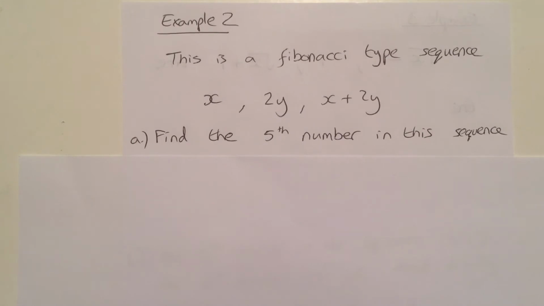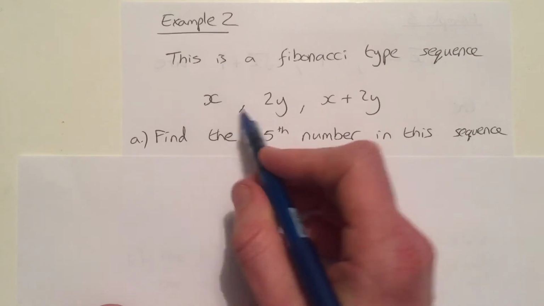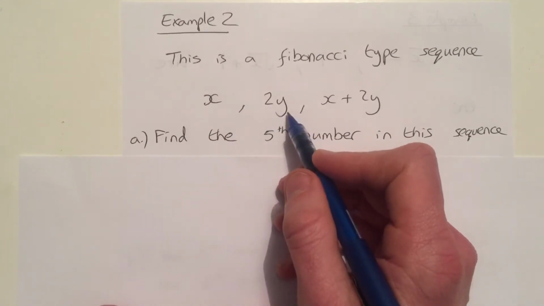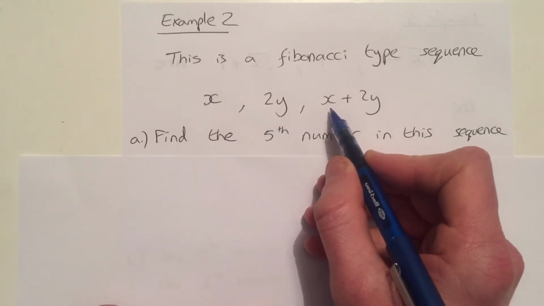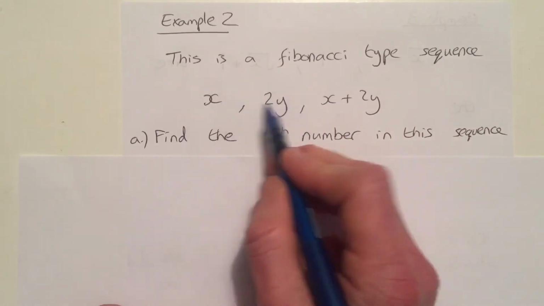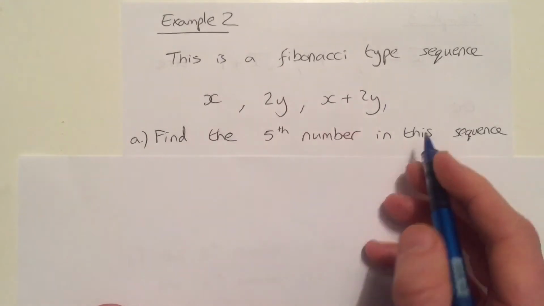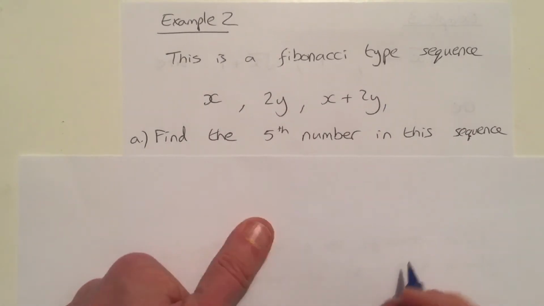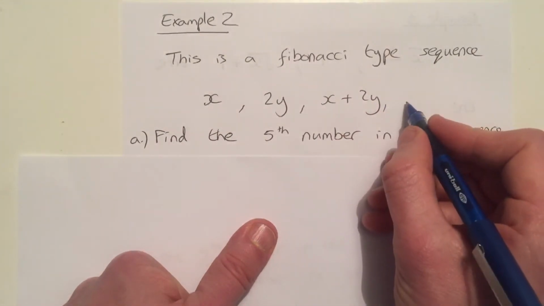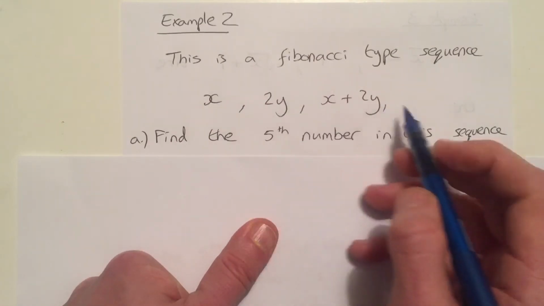We're told that this is a Fibonacci type sequence. The first number is x, the second number is 2y, the third number therefore will be these two added together, so x plus 2y. I need to find the fifth number. So the fourth number, I've got 3 numbers so far.